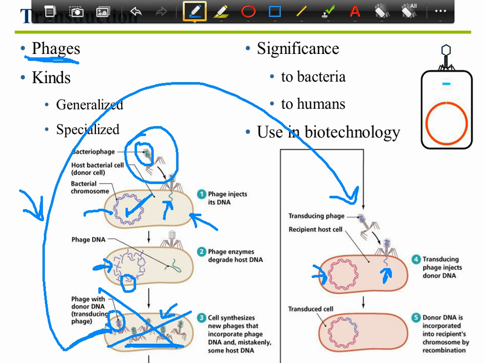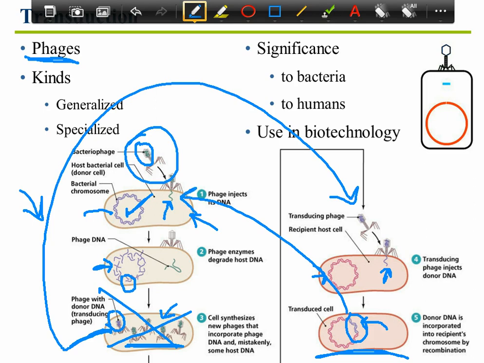Remember that he's carrying packaged DNA from the previous bacterial cell. That genetic information goes into the host cell. You see it in purple. It can become part of the host cell chromosome. We now have a recombinant bacterial cell. It has its own genetic info. It's got the genetic info that came from the original bacterial cell over here.